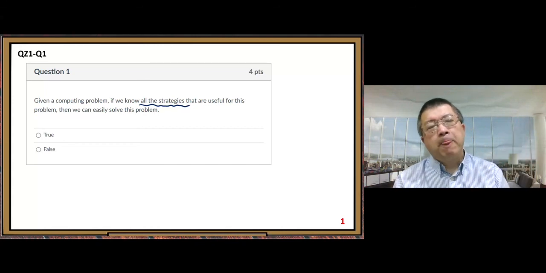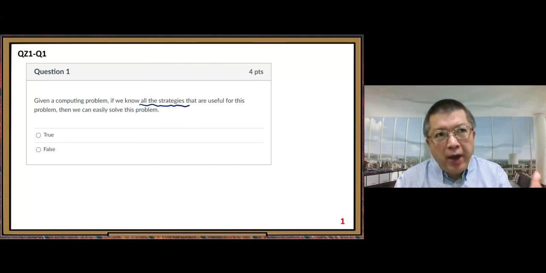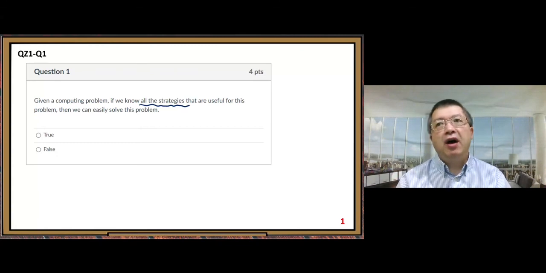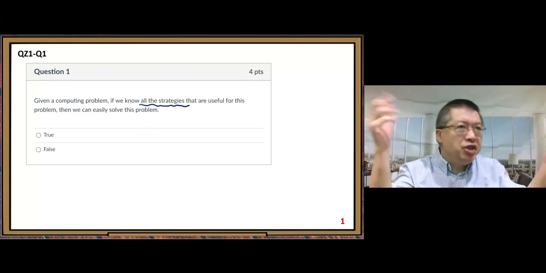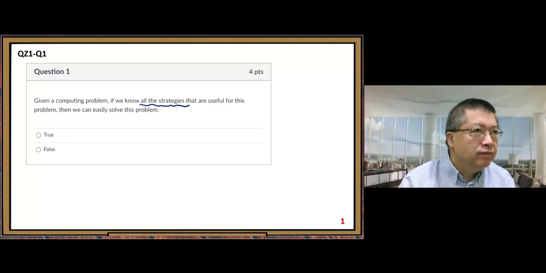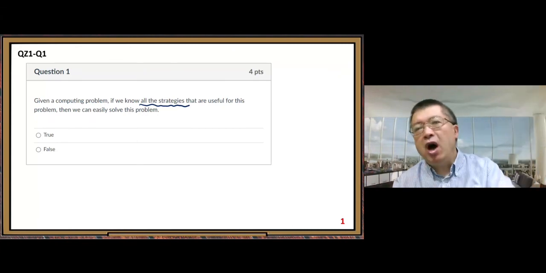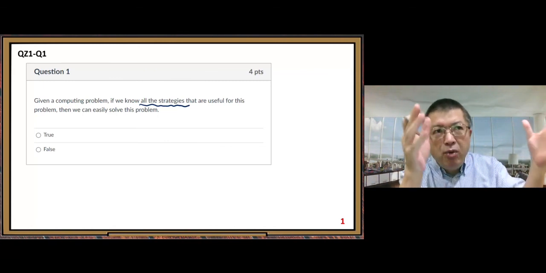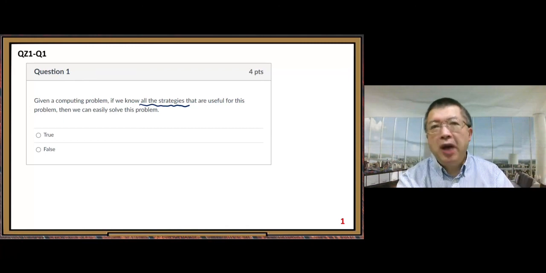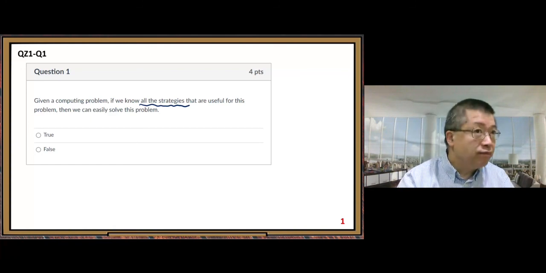But here, there is a big missing piece. Here I only talk about we have all the strategies we need for solving this problem. But other than the strategies, is there another important component you need to have? That piece, that is a big one.